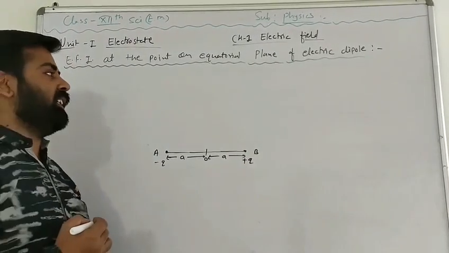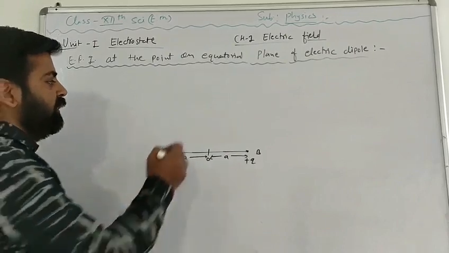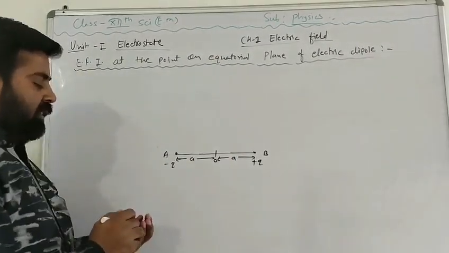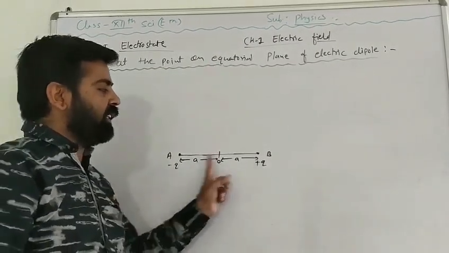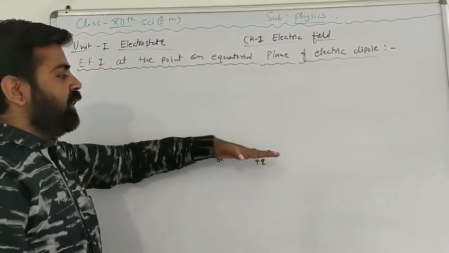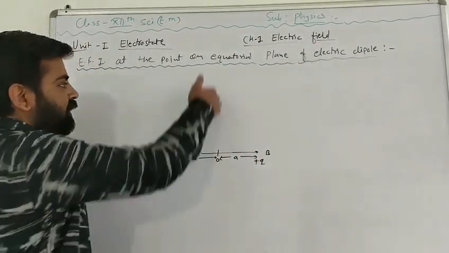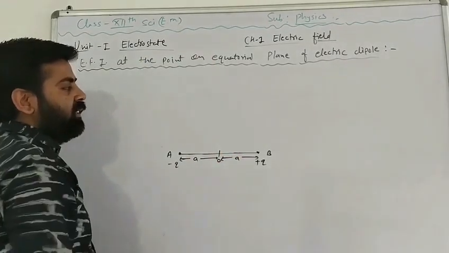We have to find electric field intensity at any point on equatorial plane. This is equatorial plane, the imaginary line which is passing through center of electric dipole and perpendicular to its axis. This is axis line, and equatorial line is drawn this way.